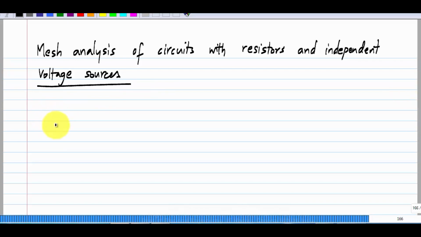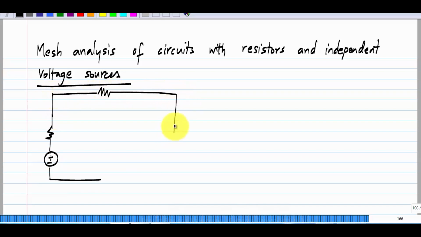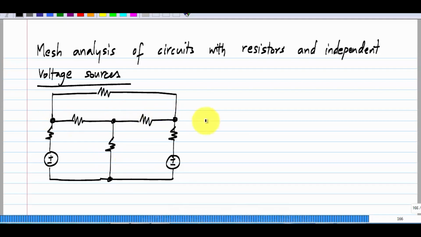Let me take a particular circuit. And let me label these B1, R11, R13, R12, R23, R22 and R33.